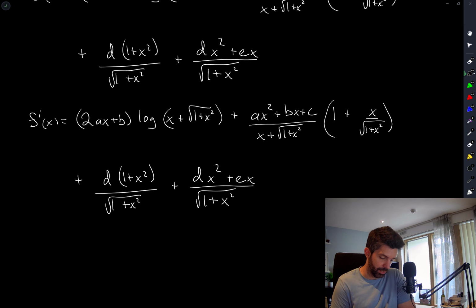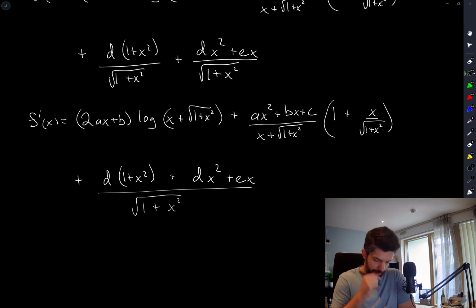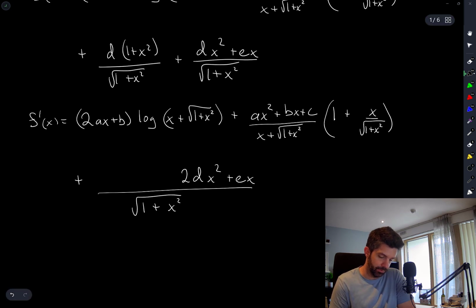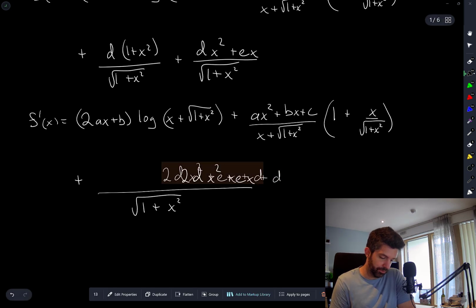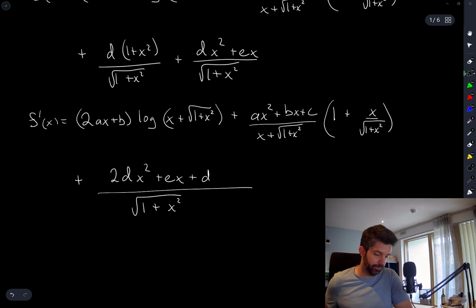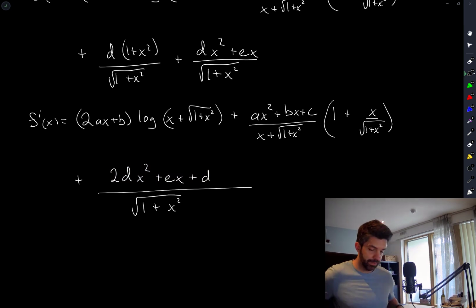So let's put this over a common denominator. And now in the numerator we have 2dx squared. So I'll put that there, get rid of that, and we still have a d left over.